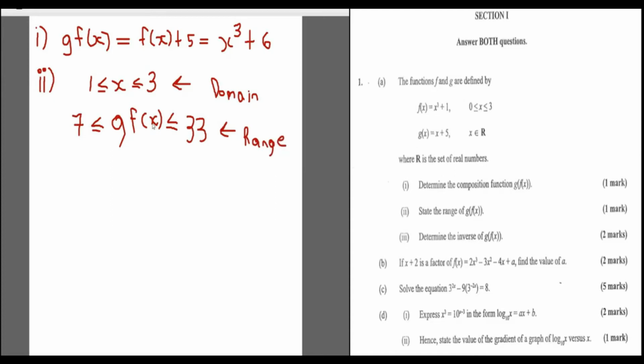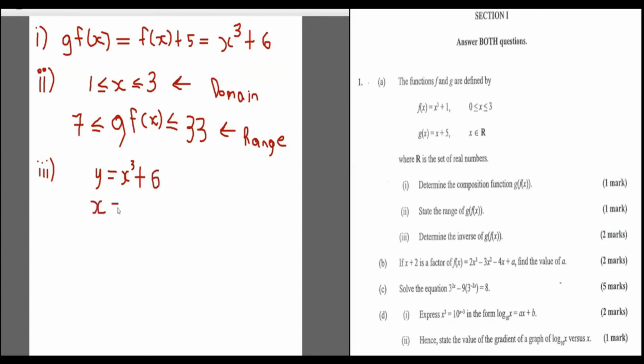The next part is asking us to determine the inverse of this. For the inverse, which is quite simple, we're going to call g f of x y. So y is equal to x cubed plus 6. To find the inverse, the first thing they tell us to do is interchange x and y.